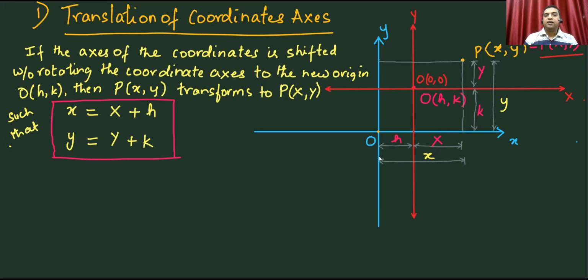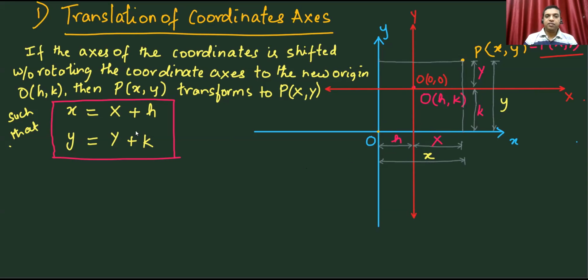Now, this new origin with respect to the old axis is h comma k. So to reach this point, we have to move h units along the x-axis and k units along the y-axis. So this distance is h, this distance is k.